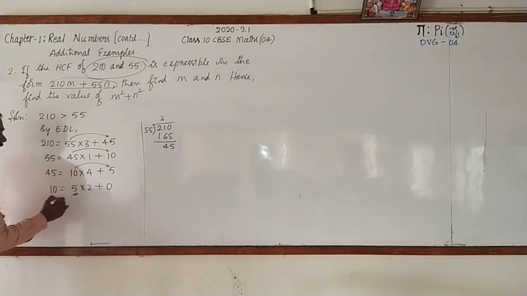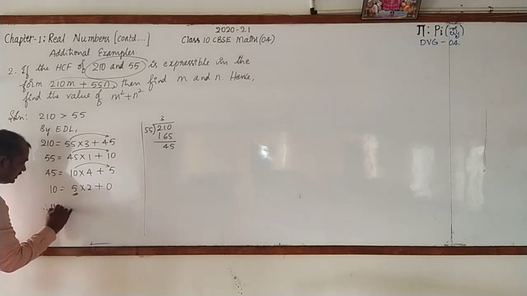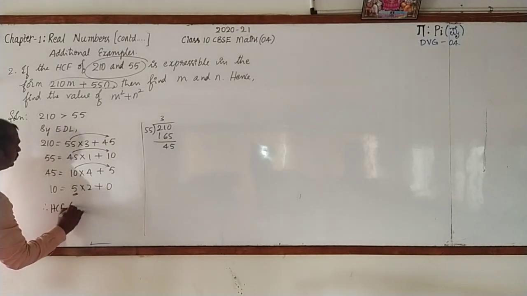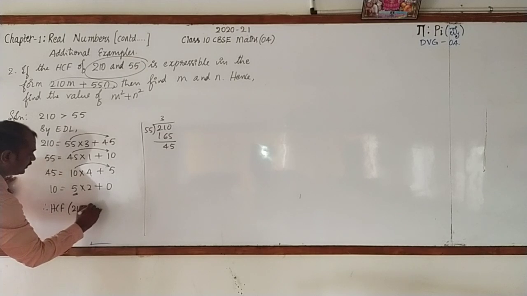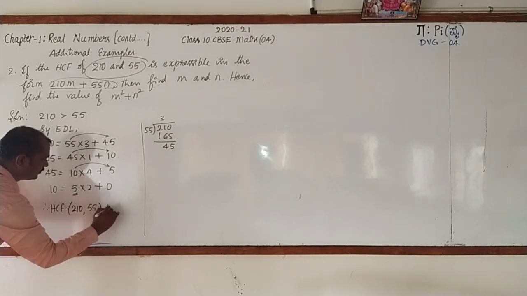Then the divisor is 5. Therefore the HCF of 210 and 55 is 5.